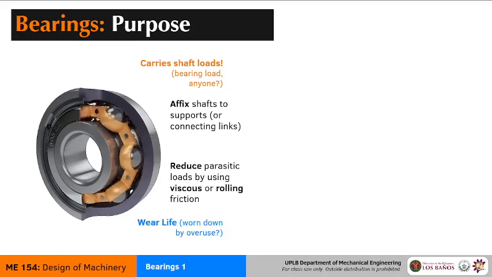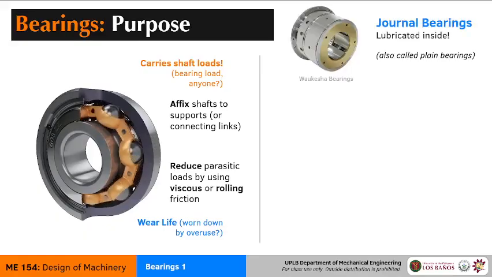So what are the types of bearings? I'm just going to simplify. There's way more than what I'm going to show you right now. But in general, you'll encounter at least three categories. The first is the journal bearing or the plain bearing. This is just two cylinders that are filled with liquid inside.